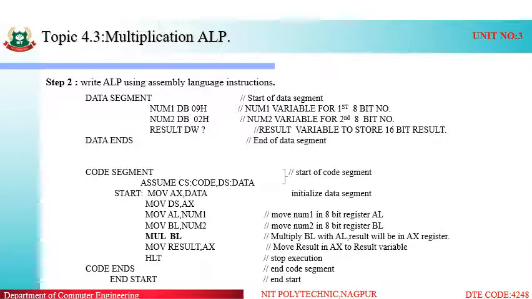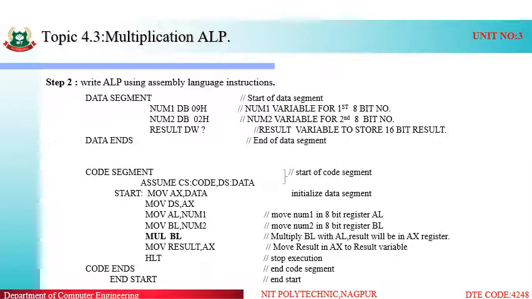Now what we have to perform is multiplication, and multiplication of unsigned numbers. Unsigned means positive, therefore we will have to use the instruction MUL. The syntax of MUL is MUL source, the destination will be by default the AL register.